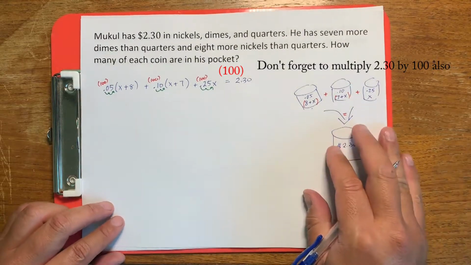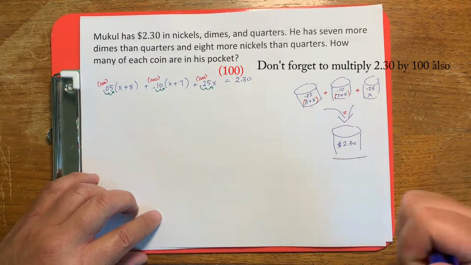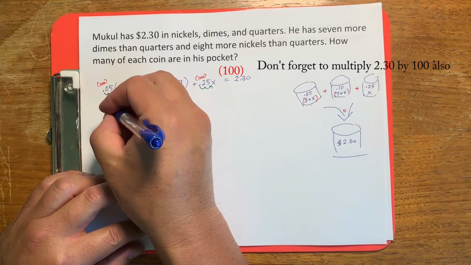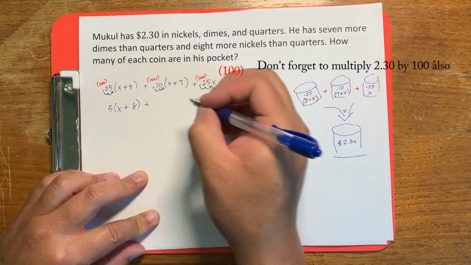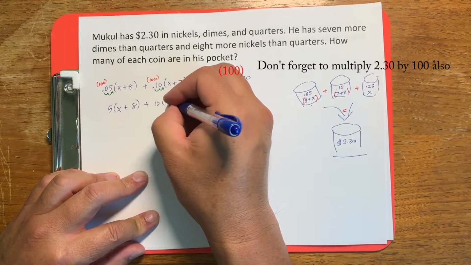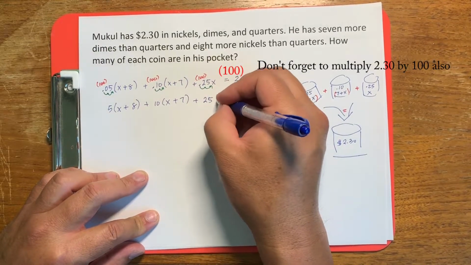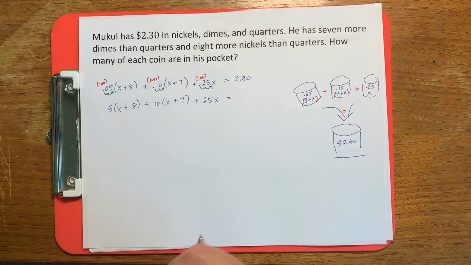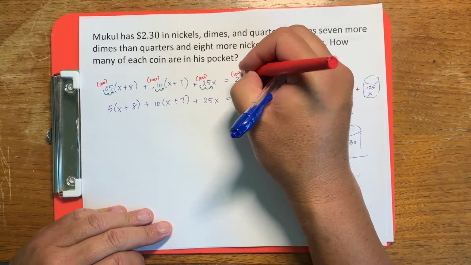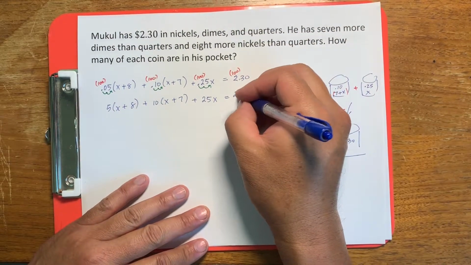Okay, so over here we have 2 decimal places, 2 zeros. So this should turn into 5(x plus 8) plus 10(x plus 7) plus 25x is equal to, oh, we're multiplying this also, $230.